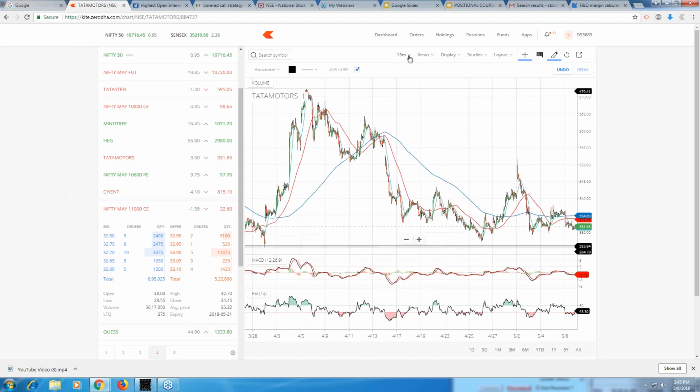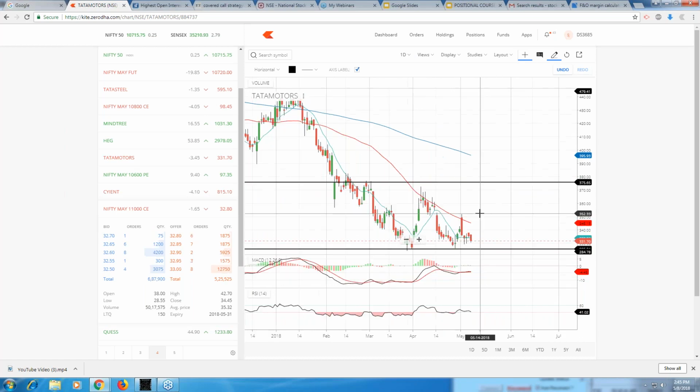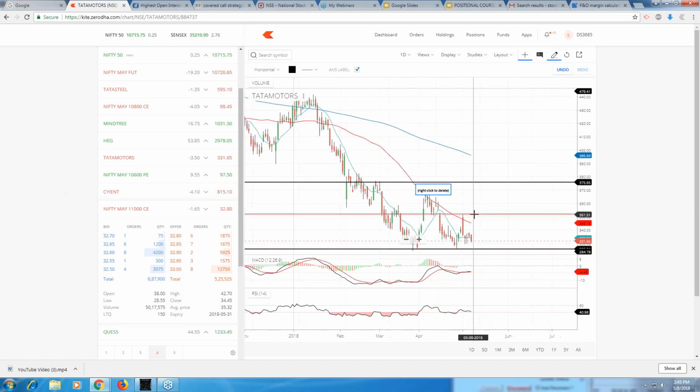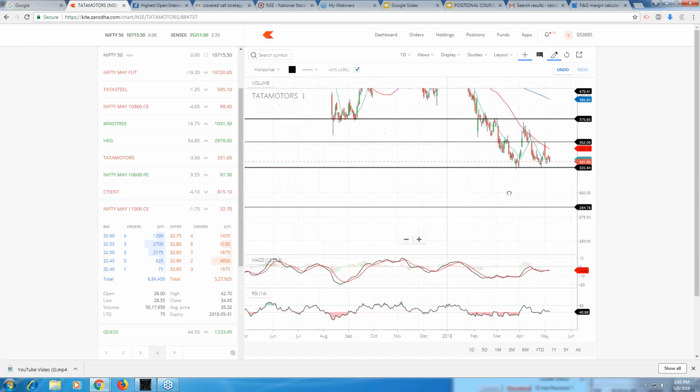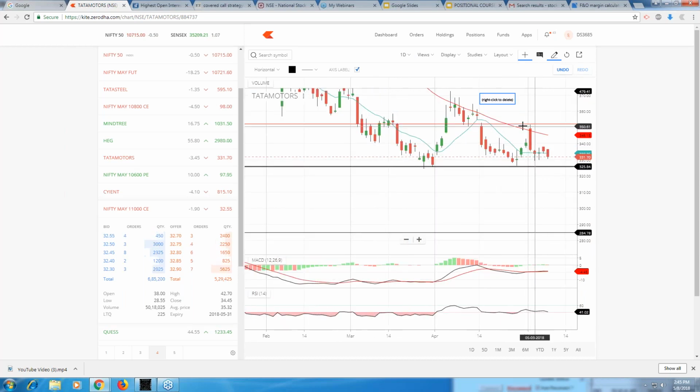Let's see in one day, why did it take resistance from this level, right? Let me just mark it and we will see whether it has taken resistance from the same level in the past. So see here, this is where it took a resistance. On 16th of April, it took the resistance from the same level.